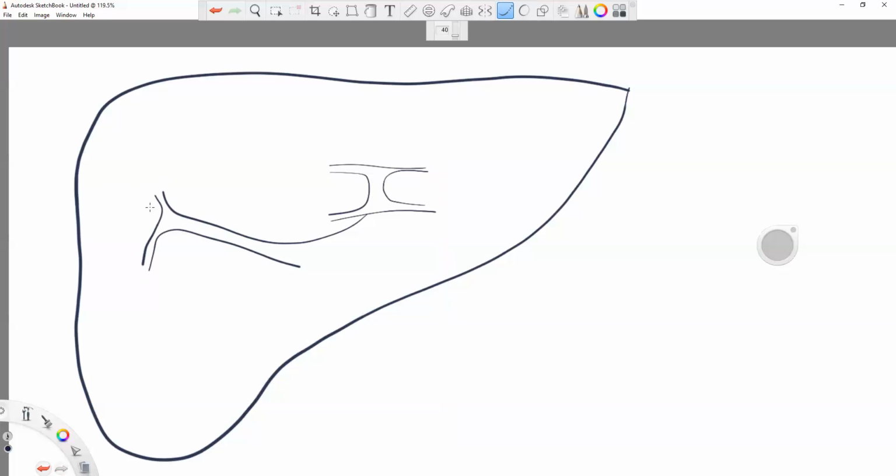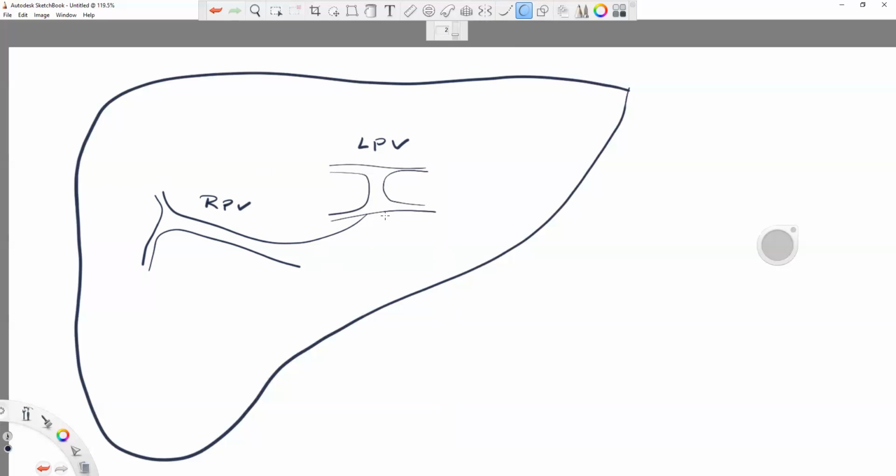The right portal vein has anterior and posterior branches to it. So this is left portal vein, right portal vein.